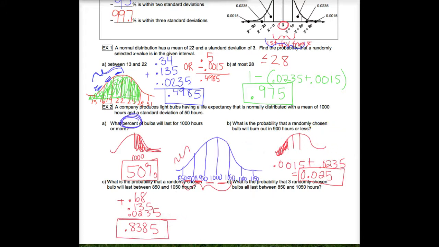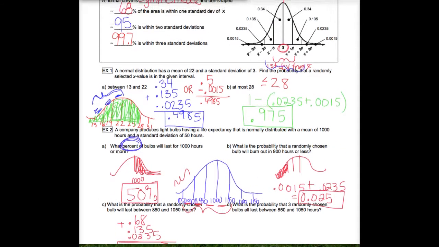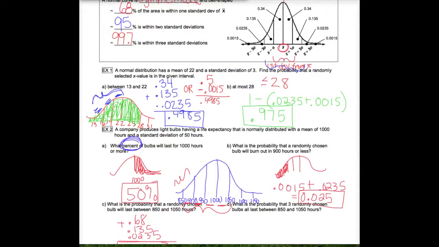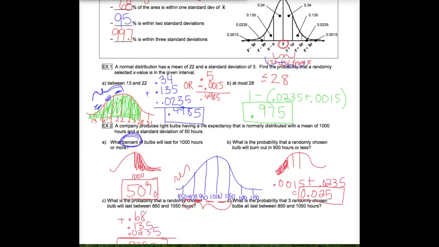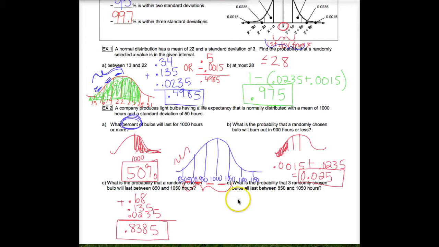All right, last one. What is the probability that 3 randomly chosen bulbs will all last between 850 and 1,050 hours? This one is different because this is compound probability. Notice it says including compound events. Compound event is when we have multiple things going on.